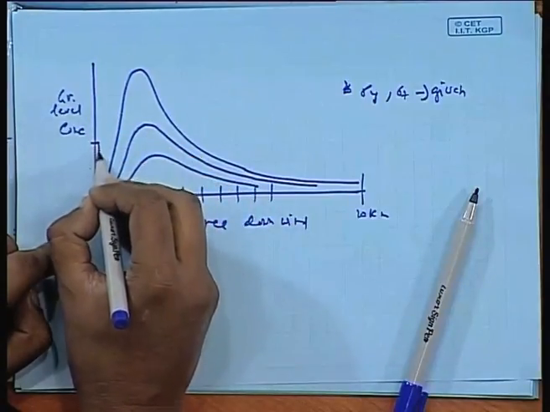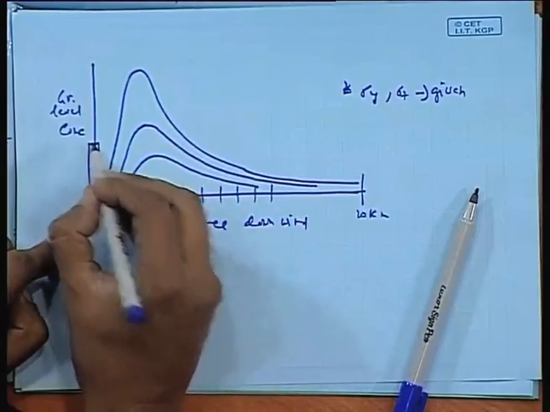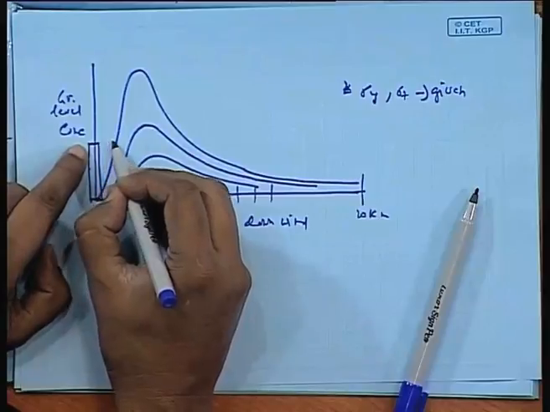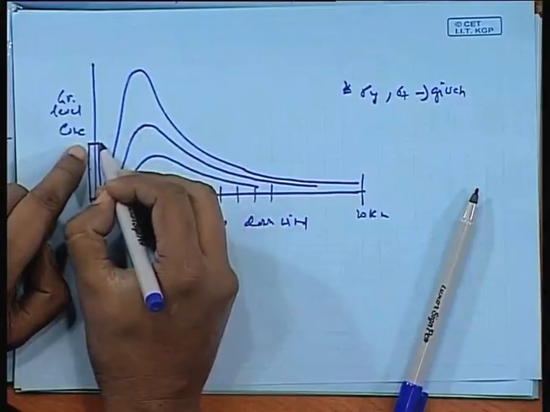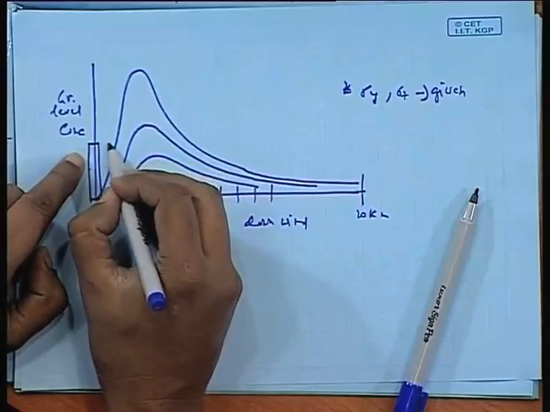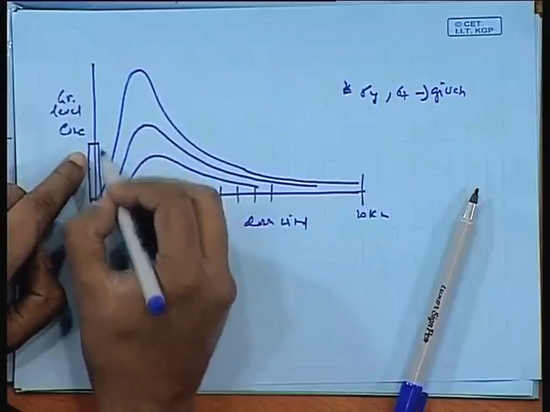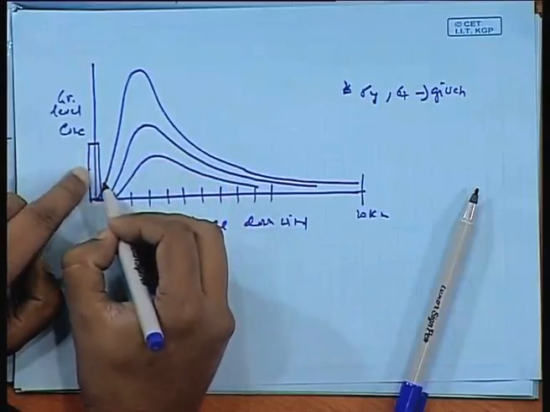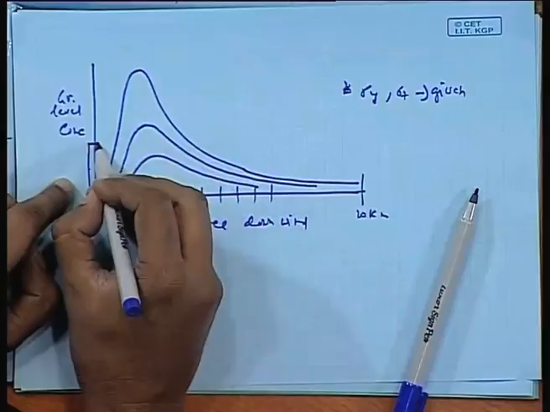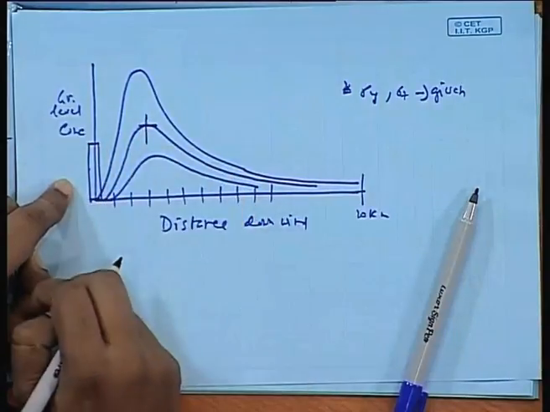Initially, due to buoyancy and velocity, the concentration at this point would be somewhat less, but at a certain distance away from the stack it would essentially peak.